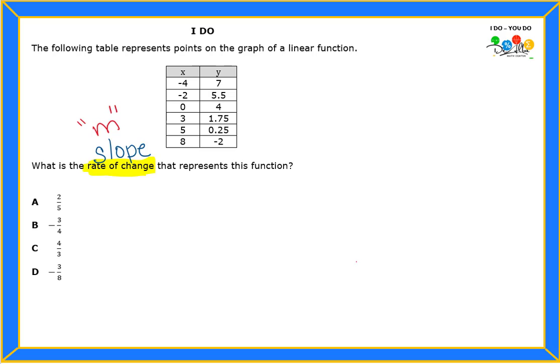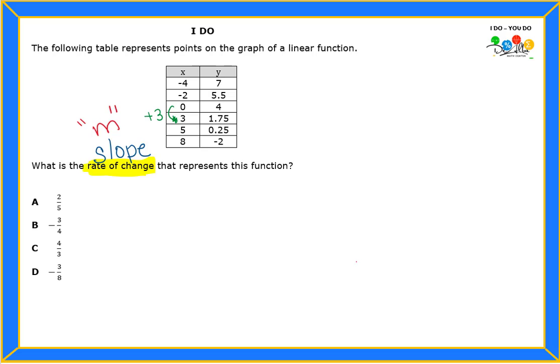Finding a pattern means I want to know what I am doing to go from a 0 to a 3. Am I adding? Am I subtracting? Well, to go from 0 to 3, I'm adding 3.